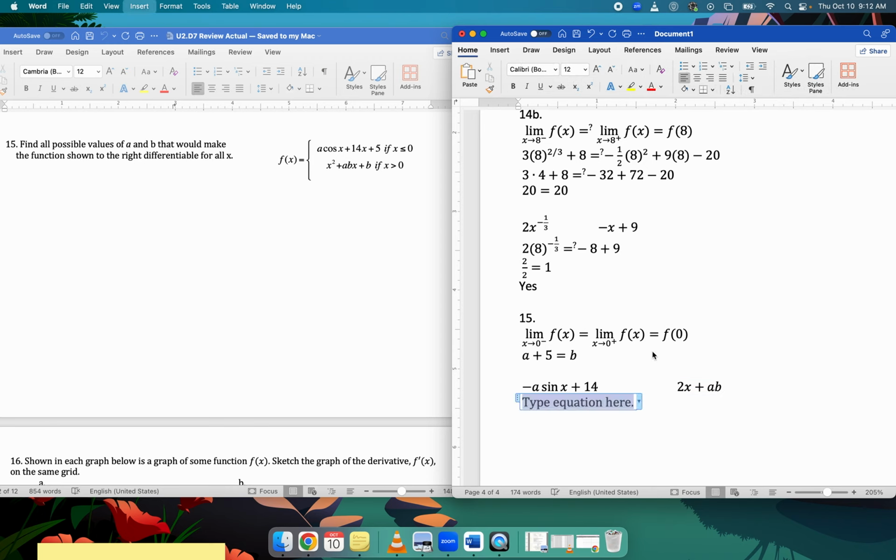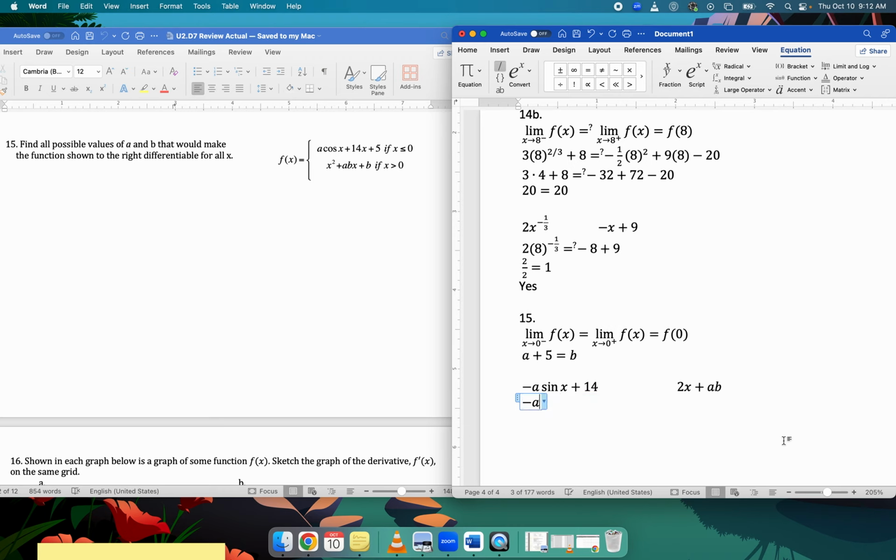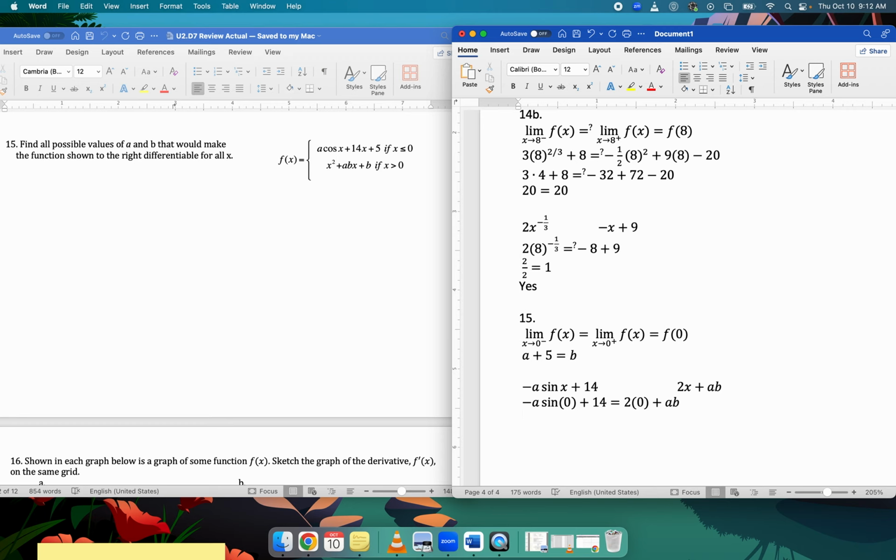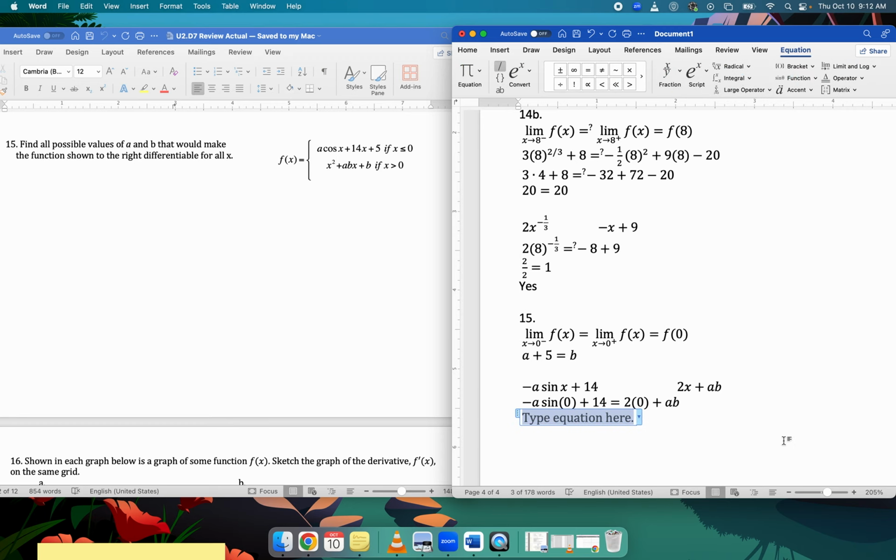And then those two functions need to be equal specifically at x equals 0. Do not set these two things equal to each other. They're not supposed to be. They're just supposed to have the same value at 0. So negative a sine of 0 plus 14 needs to be equal to 2 times 0 plus ab. Sine of 0 is 0, so that first term vanishes. You find 14 equals, well, actually just 14 is equal to ab, right?